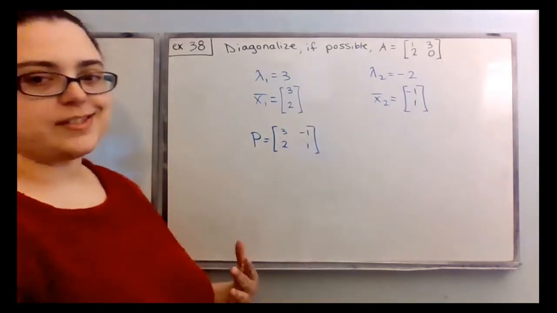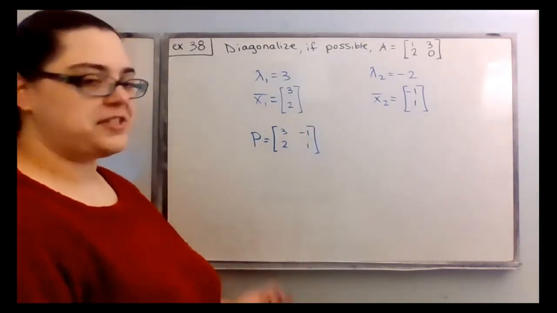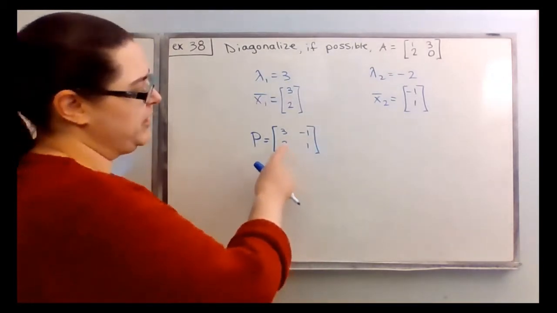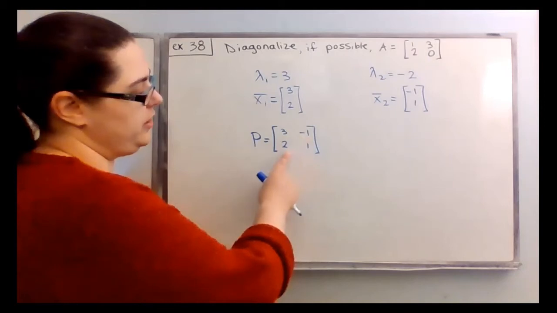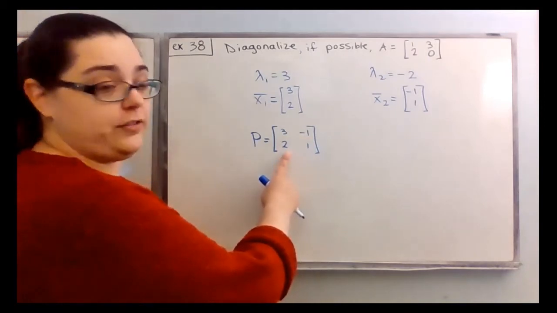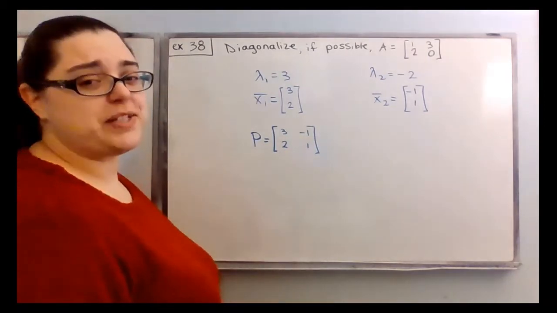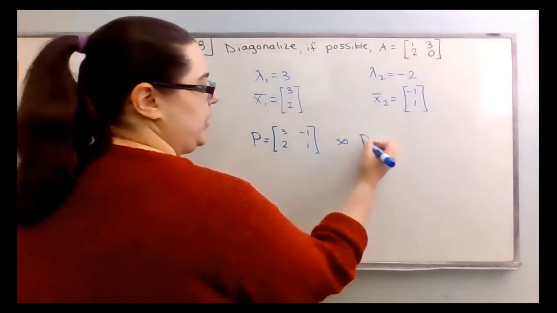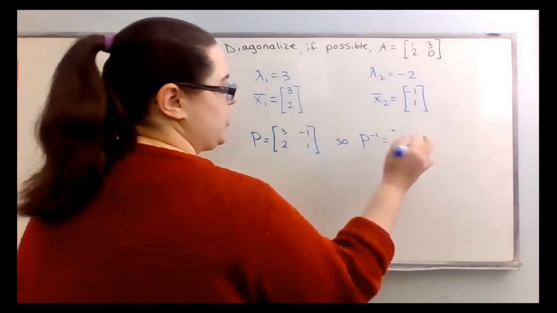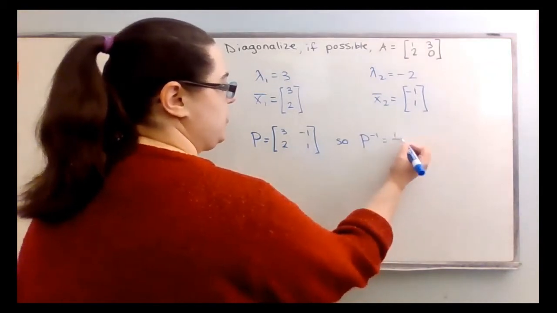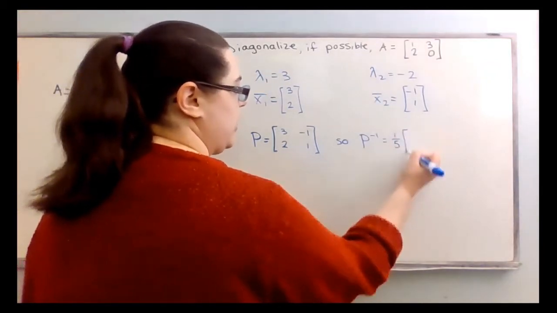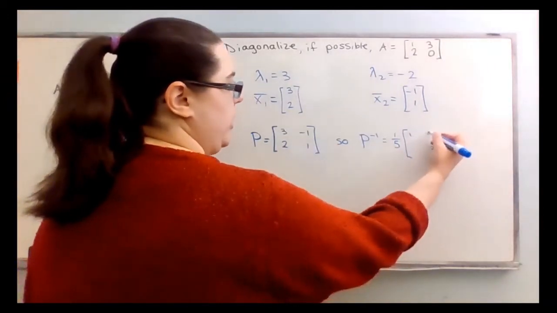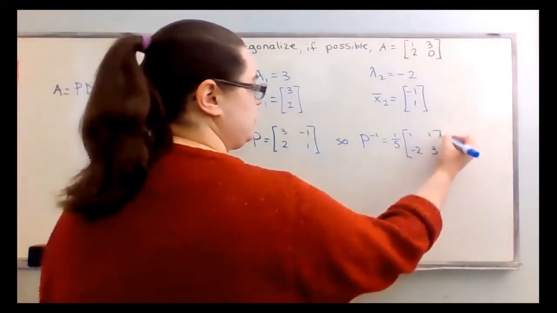So to see if this is invertible, we're going to find its determinant. So the determinant of P, oh, excuse me, is going to be 3 minus a -2, which is 5. So its determinant is not 0, which means we can find its inverse. So P inverse, I just said its determinant was 5, so it's going to be 1/5 times switch A and D, 1, 3, and negate the other 2.